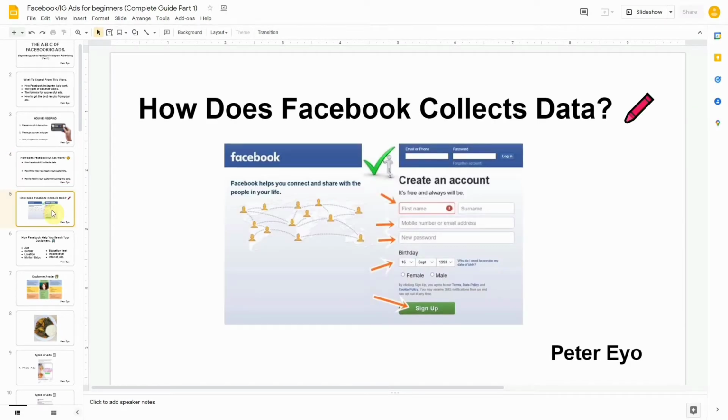How does Facebook collect data? If you can remember, when you were signing up on Facebook, Facebook asked for your first name, your surname, your mobile number or email address. They also asked for your birthday and your gender. Those were the basic things they asked for. Now, when you continued creating your account or completed the sign-up process, they asked for other things such as your relationship status.